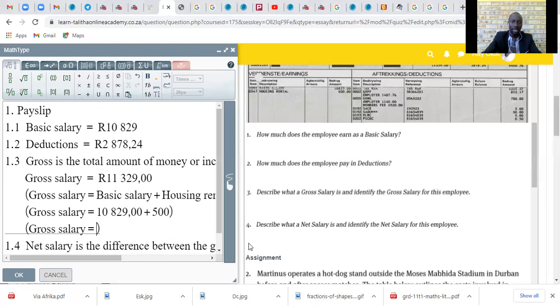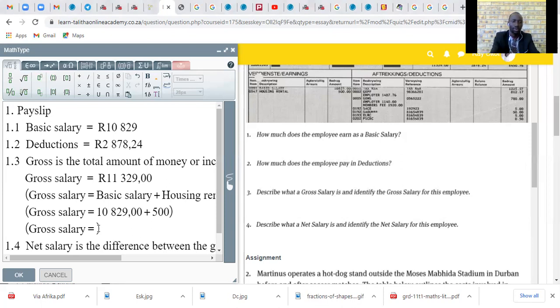10,829, then I have got to use the calculator. 10,829 added to what? To 500. What do we get there? We get 11,329. So we write it down.